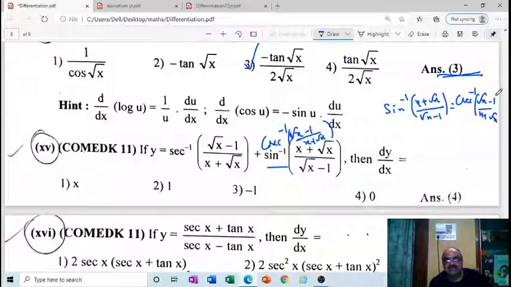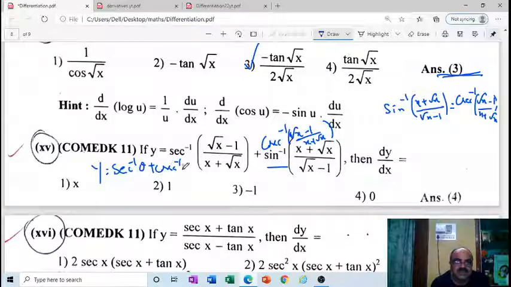This must strike to you, friends. Now look here how it looks. We have already done this: y is equal to secant inverse theta plus cosecant inverse theta. And what is this value y? It becomes pi by 2. Differentiation of pi by 2 is 0.